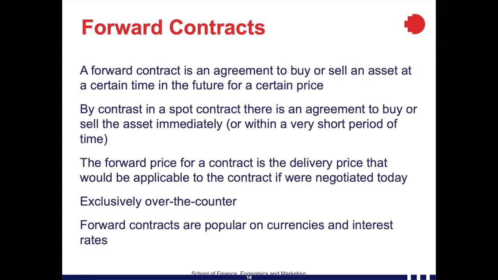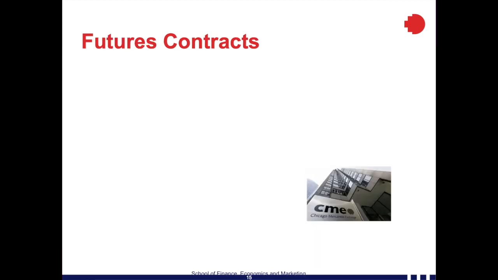The second disadvantage is that because it is customized, it may be difficult to find a counterparty to enter into the contract. It is a private contract, so there is less liquidity. Because this kind of contract is customized, it is hard to find a counterparty who is willing to enter into it.